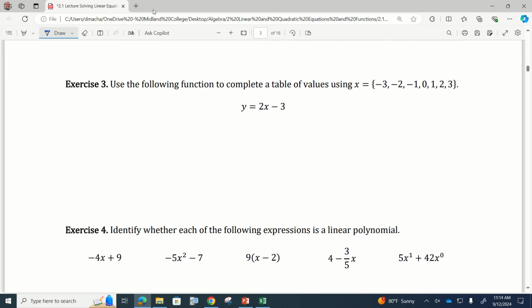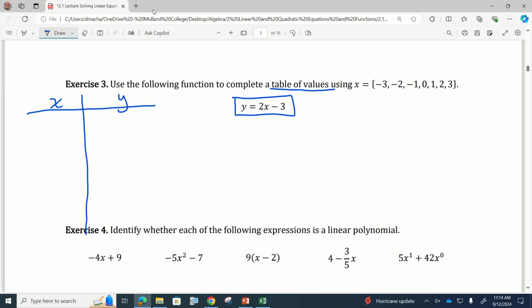If I ask you to use the following function to complete a table of values, this is what I mean. My table of values is going to have x on the left and y on the right. And then it tells me what x values to use.